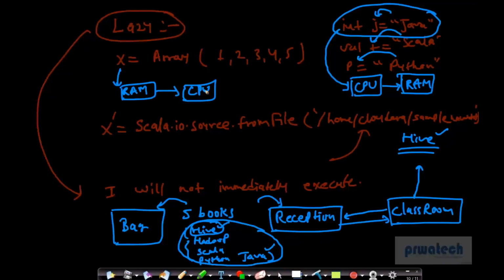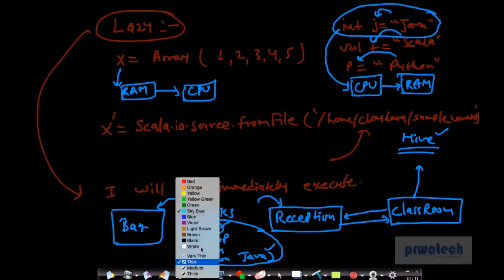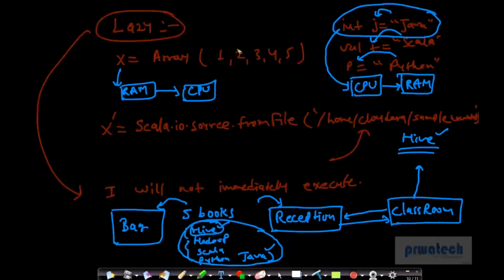But don't you think this is misuse of CPU? Suppose I ask you to create an array with 5 natural numbers and give me only the odd numbers. I'm saying create one variable, keep 5 natural numbers which start from 1, because natural numbers start from 1, 0 is not a natural number.